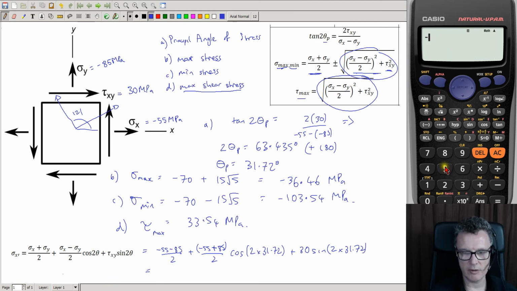Minus 55 minus 85, divide that by 2, plus minus 55 plus 85, divide that by 2, times that by cos, 2 times 31.72, close it, plus 30, times that by the sine, 2 times 31.72.